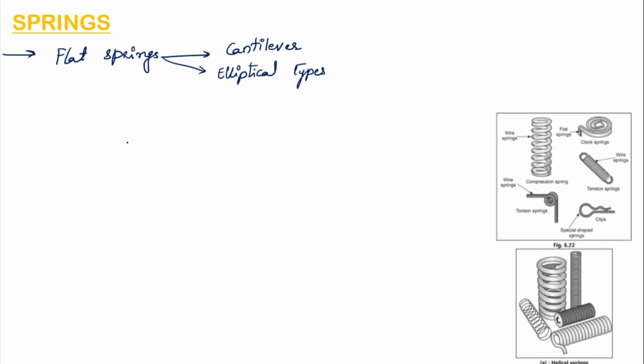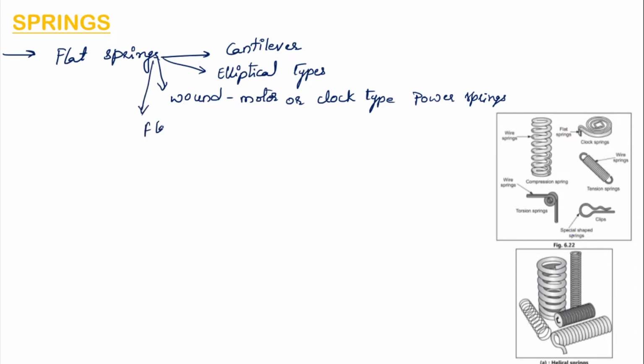They can also be wound motor or clock type power springs, and they can also have flat spring washers.